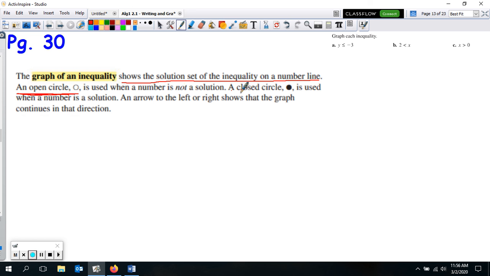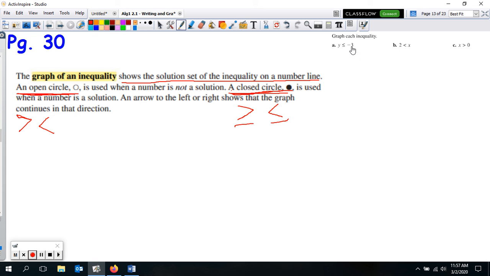You're going to use a closed circle like this one here on your number line when the number actually is a part of the solution. So these open ones are used when it's just greater than or less than symbols, like those two. But if it's got the equal to on them, then that's going to be definitely closed.